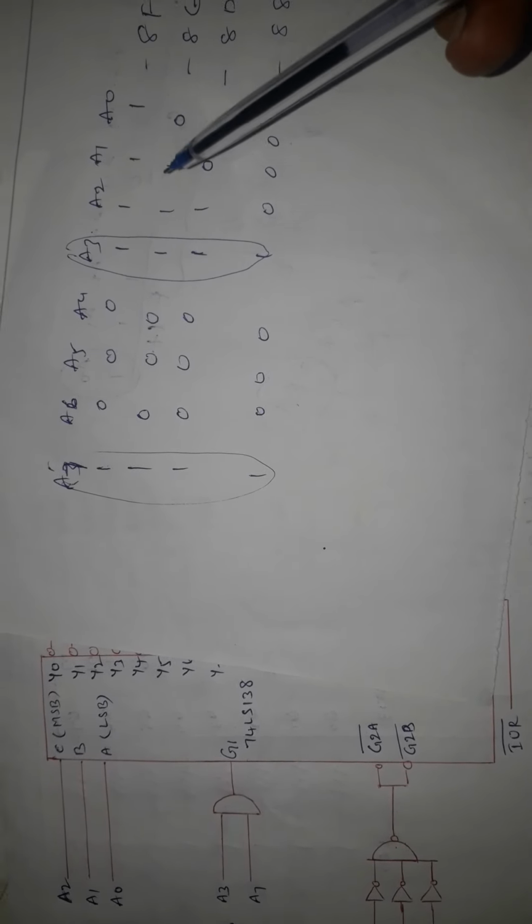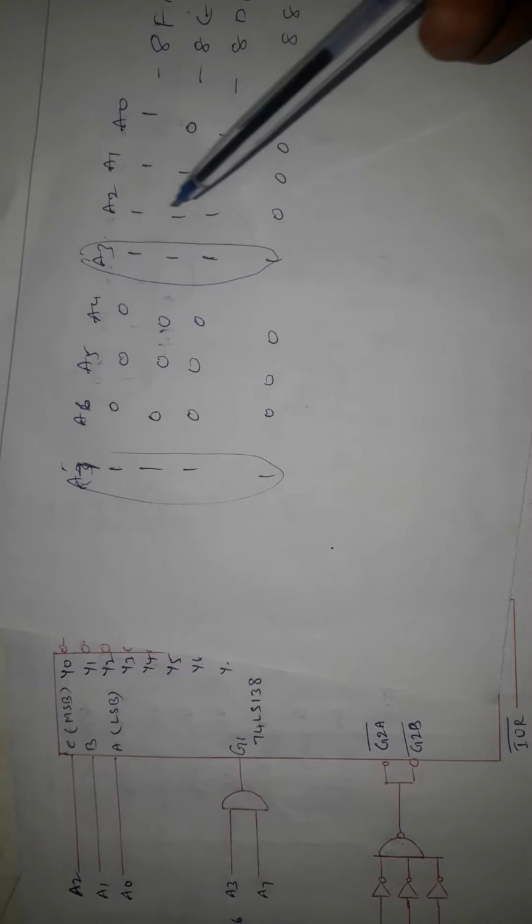For A2, A1, A0 we can use different inputs, that is you can use 111, 110, 101, or 100, or you can use 011, or 010, or 001, or you can use 000. Based on this combination an address gets selected.